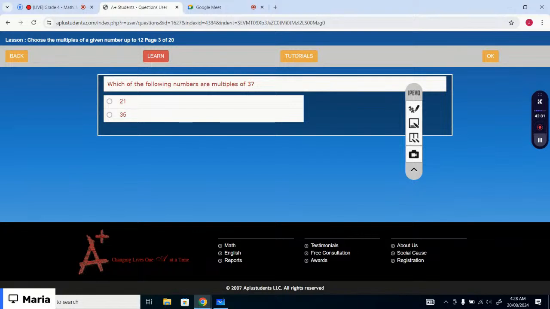Which of the following are multiples of 3? Which is the correct option? 21 or 35. Which is the correct option?